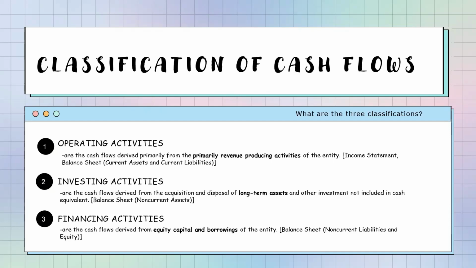So, dito, yung involved sa investing activities is makikita under balance sheet, under non-current assets. Since, sabi nga dito, long-term assets siya. So, sa financing activities are the cash flows derived from equity capital and borrowings of the entity. So, yung mga involved dito, makikita natin sa balance sheet under non-current liabilities and equity naman.